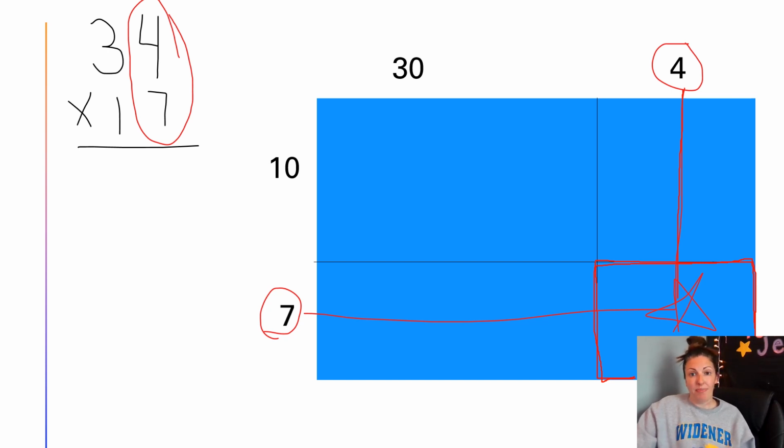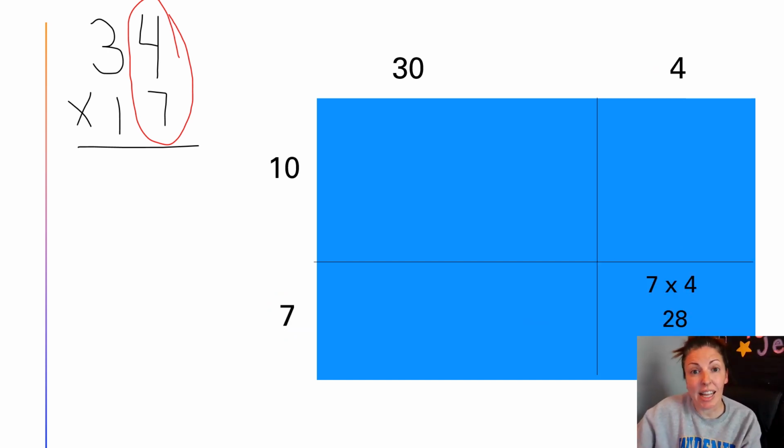Okay, so like I said, we are solving our 7 1s times our 4 1s down in this box down here. And you can see that I already did it. 7 times 4 gives us 28. So that is the very, very first partial product that we are going to put into our standard algorithm.